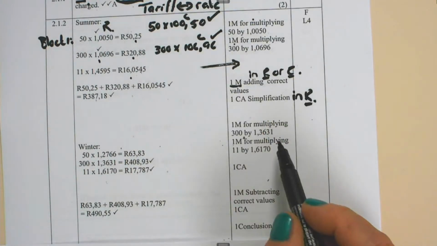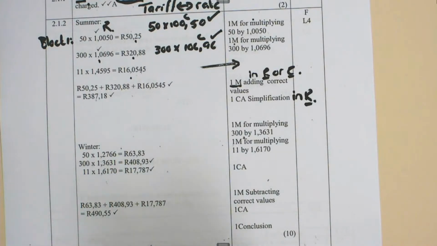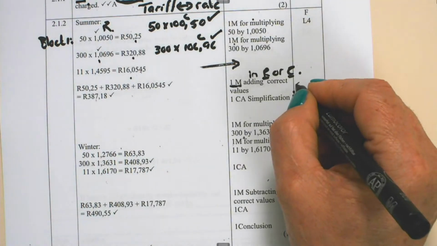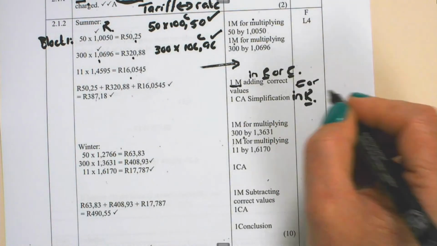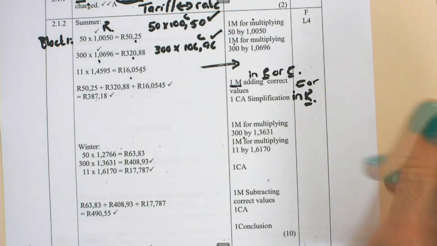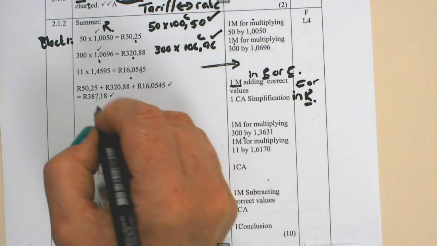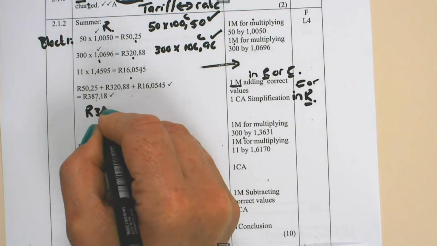Although not necessarily, the learners can wait up to the end before they convert to rand. They can keep the whole thing in cents. So let's make it in cent or rand. They can still give it as 387.18 cents. You do not penalize.